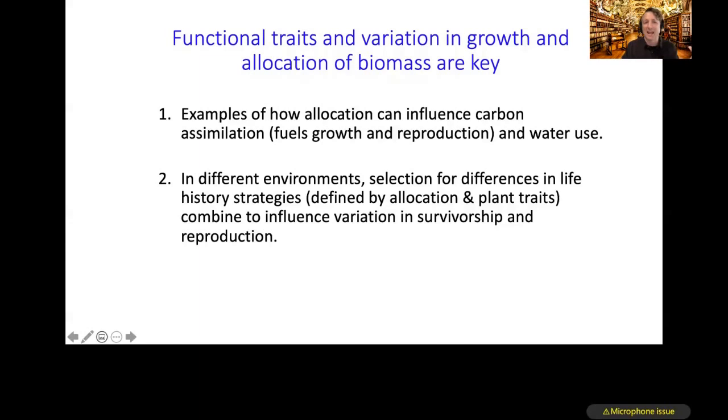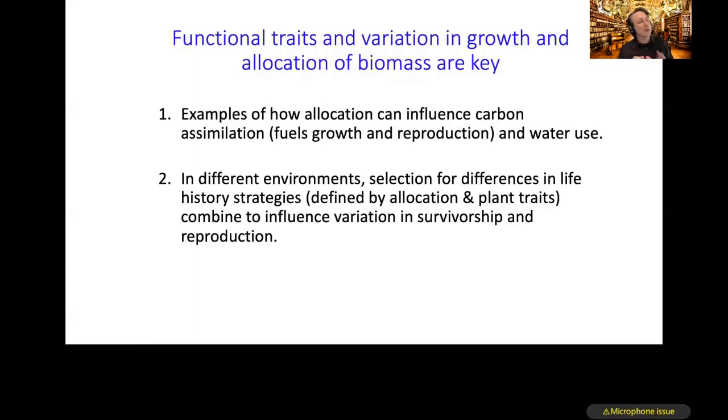So let's think of some examples of how allocation can influence carbon assimilation. In different environments, natural selection for differences in life history, defined by differences in allocation and traits, is going to combine to influence how well a given phenotype is going to survive and or reproduce. These are strategies, right?